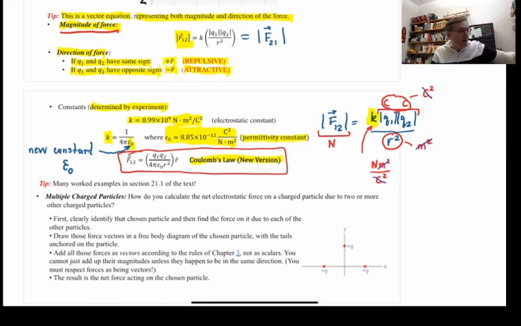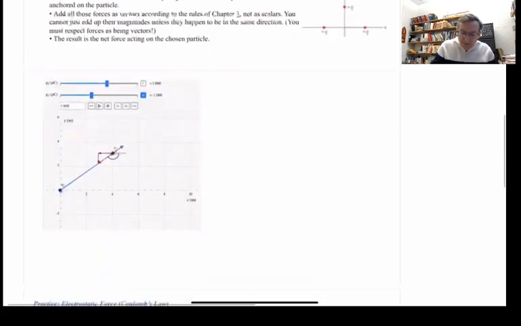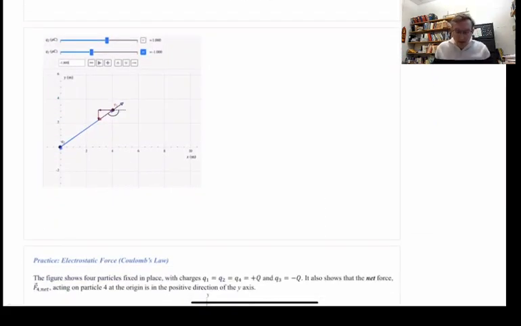Okay? All right, that's what we have to practice with for the rest of this chapter. And in fact, let me go and do a little bit of practicing with you right now with this static picture from the Wiley Plus animation, with Q1 and Q2. Q2 at the origin, down here.